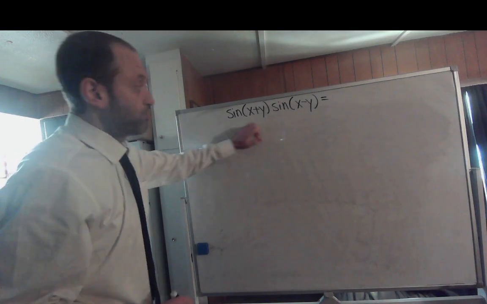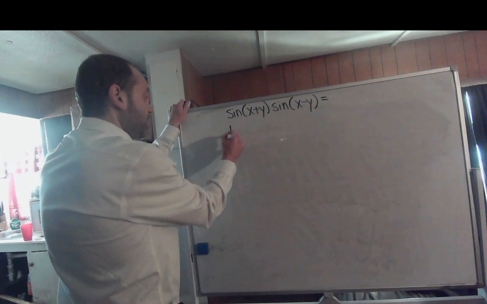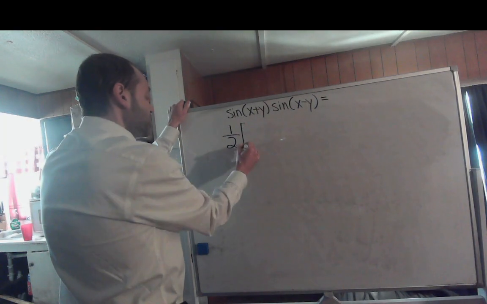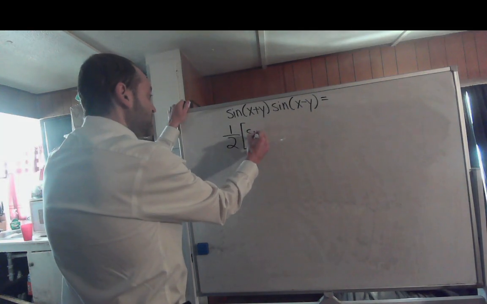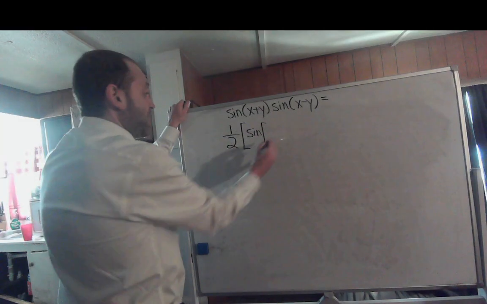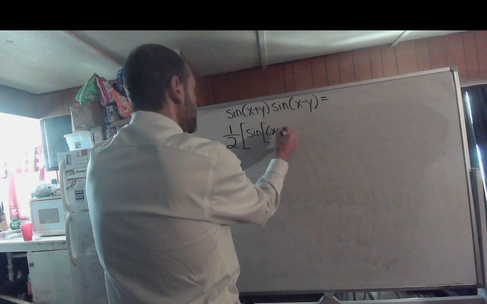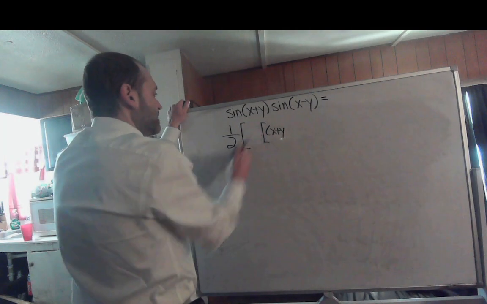So this is the product of 2 sines. Let's go ahead and use the product of sum formula for the sine times sine. So this would be 1/2 times the quantity of the sine, and I'm going to put another set of brackets, the sine of the quantity of x plus y. No, it's not the sine, it's the cosine, excuse me.